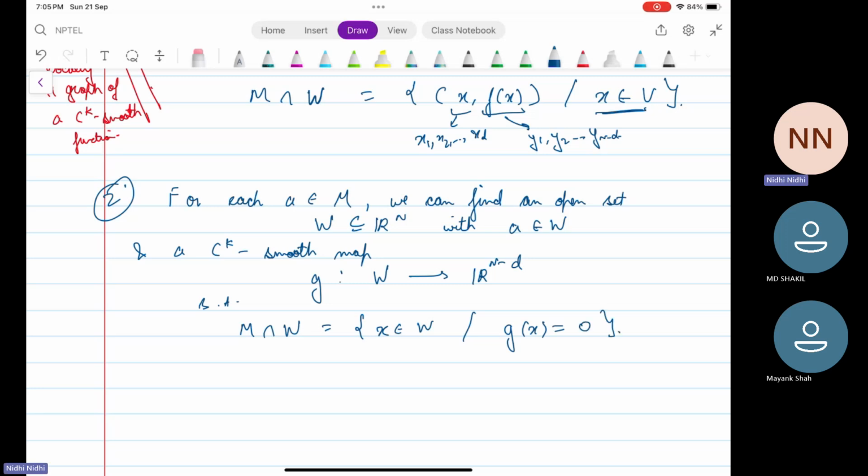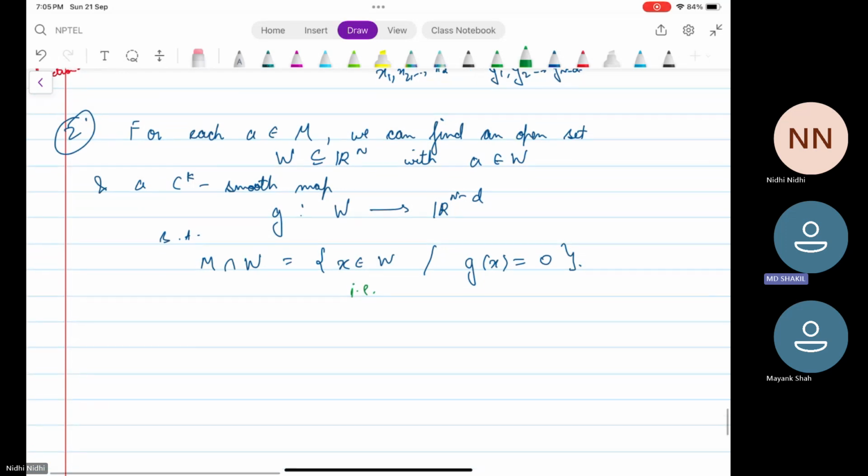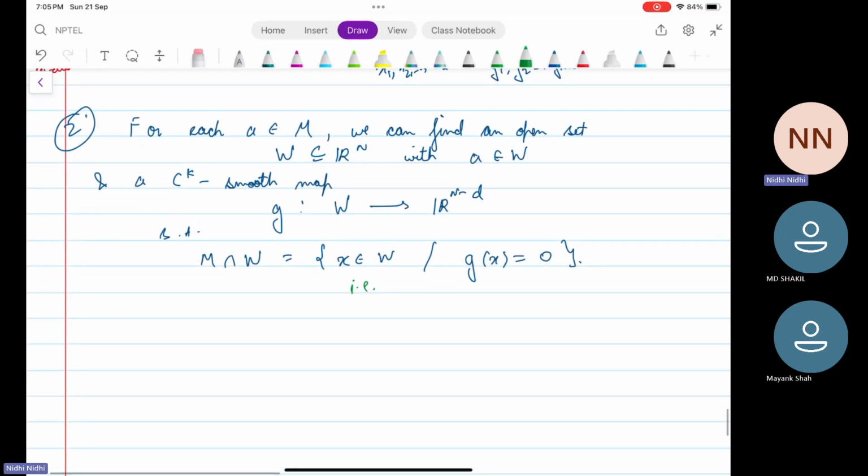M is in Rn, so W is in Rn, x is in Rn. So basically M intersection W is kind of the kernel of G, because it is the level set of G at 0, the set of all those points that are giving the value 0. In a level hypersurface, the gradient should also be zero, I think. Isn't it? I think we are not talking about a hypersurface, it is just a level set.